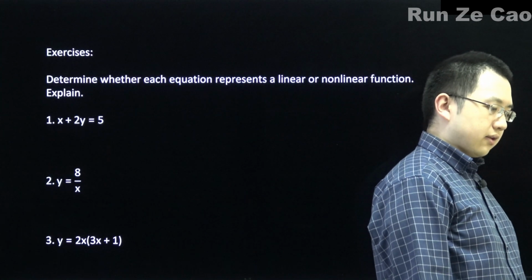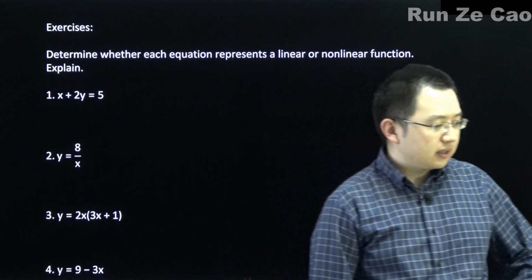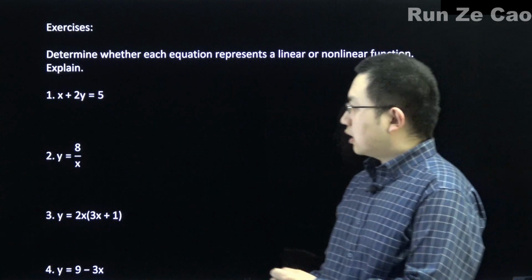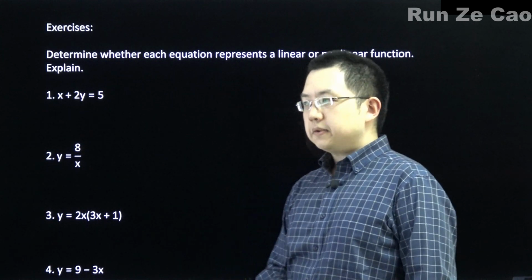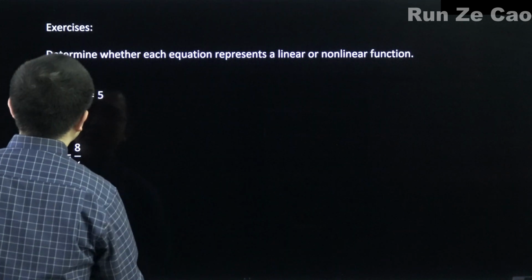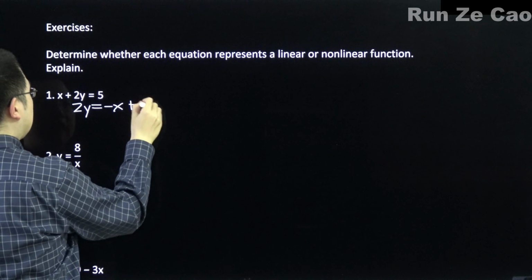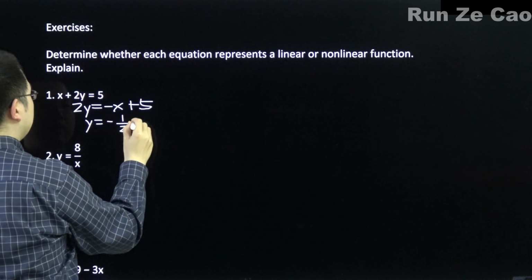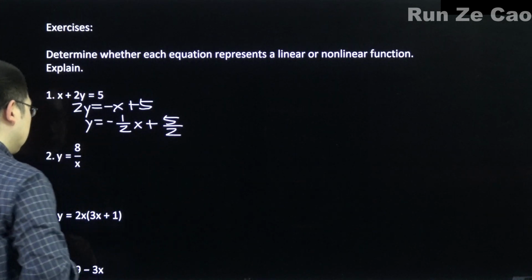Now, exercises. Determine whether each equation represents a linear or nonlinear function. Explain. Well, here, all the degrees of the terms are either 0 or 1. You can also rearrange this to 2y equals negative x plus 5, y equals negative 1/2 x plus 5 over 2.